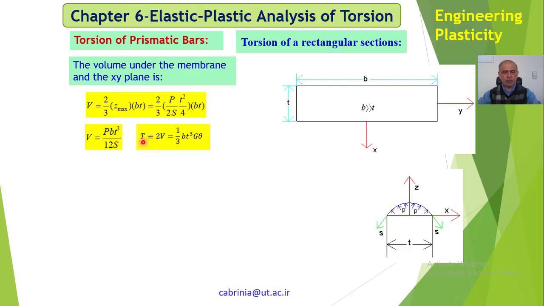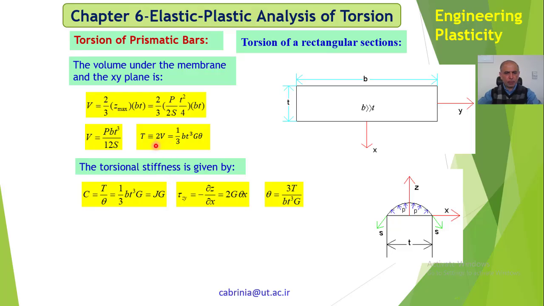Now this T is equivalent to 2V. In fact, as we said before, T is the torsion and 2V is the volume under this membrane. Here note that we have put the equivalence for p and s from that table that I gave you. So that's why we got here G theta and b t cubed G theta.